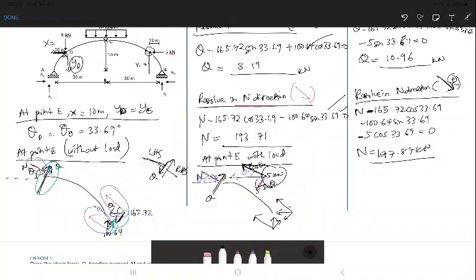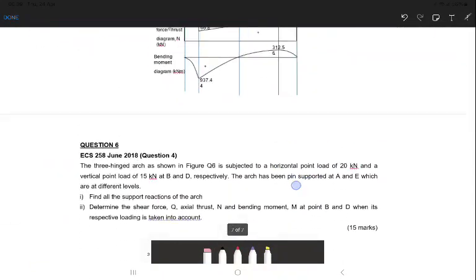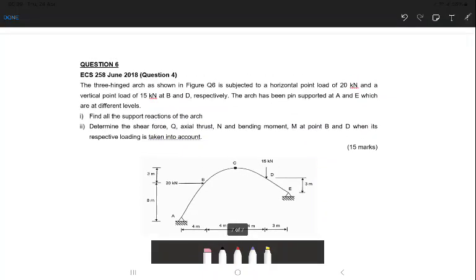Alright. So I want you to do question 6, ECS 258 June 2018. Okay, so in this question you need to find all support reaction of the arch.